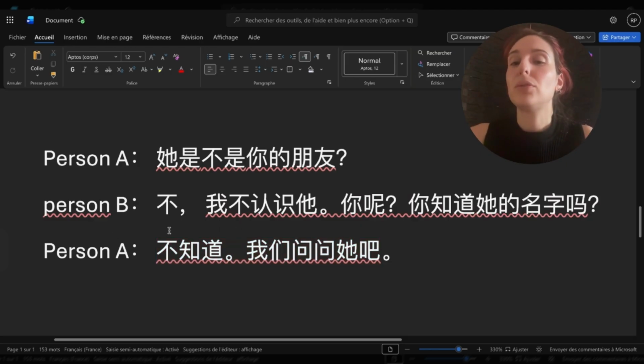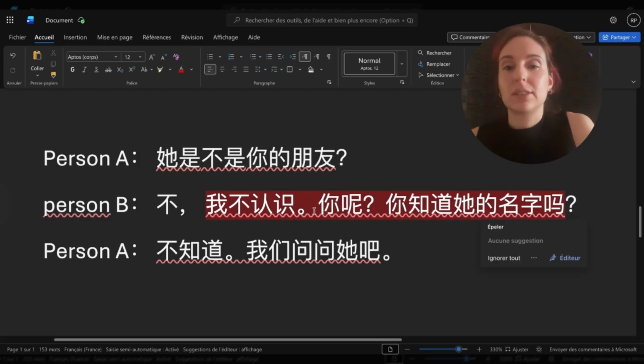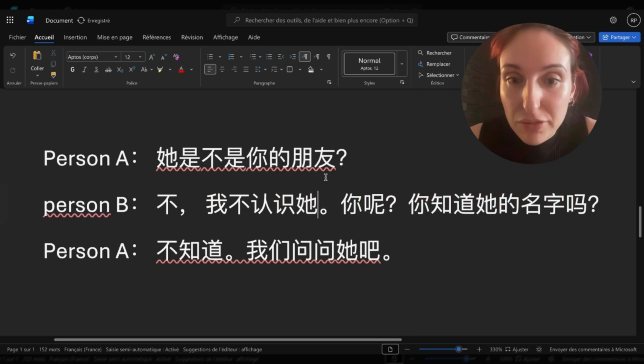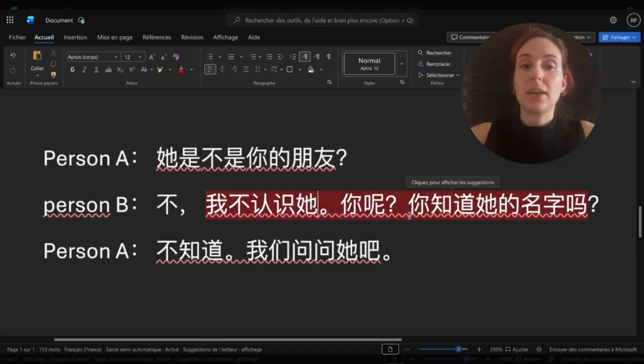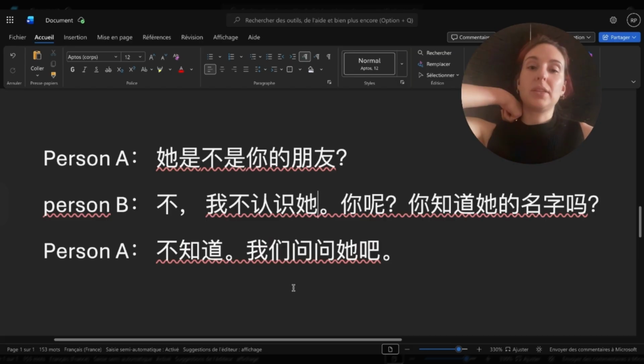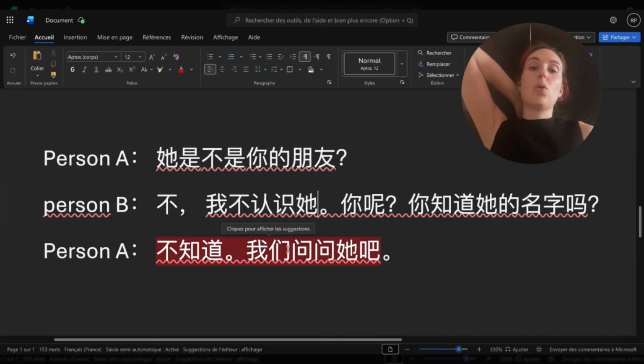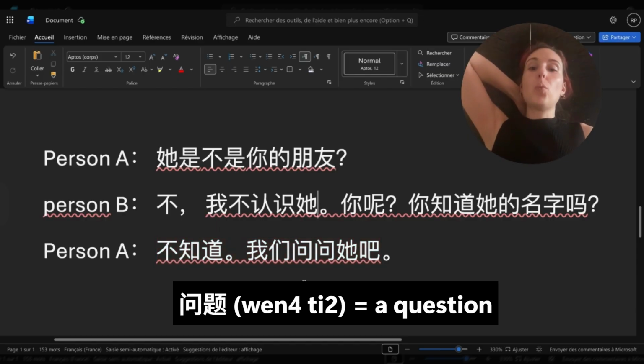Person B answers 不. So no, 我不认识她. I don't know her. Oh, sorry, this is the incorrect 她 here. We want the feminine one. 我不认识她。你呢？你知道她的名字吗? So person B is asking, no, I don't know her. Do you know what her name is? And the other one says, 不知道。我们问问她吧。So 问问, maybe you remember, 问 is the verb to ask, which is also the first part of the noun 问题.